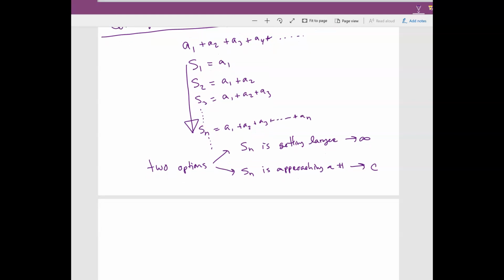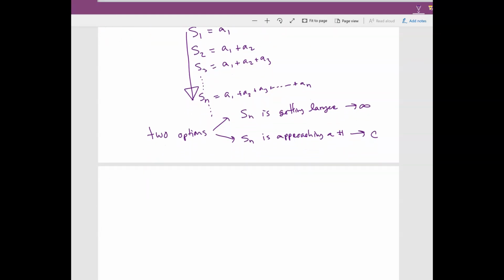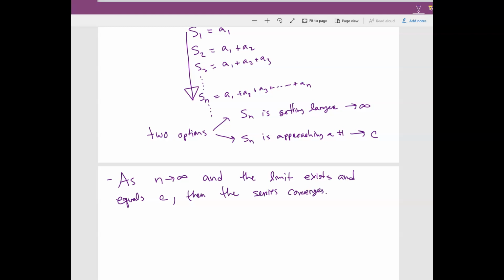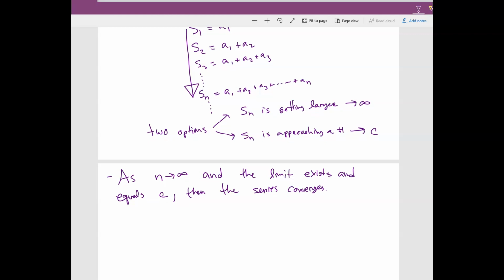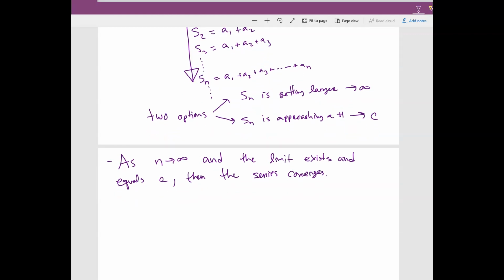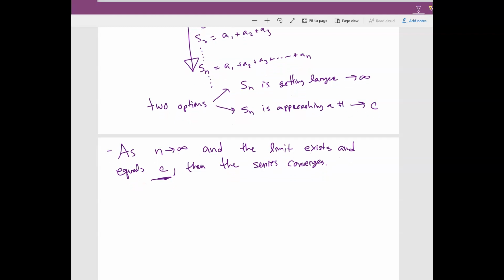Okay, so what we say is that as n goes to infinity, so if I keep adding a whole bunch of terms and the limit exists and equals maybe some c, then the series converges. Okay, so if I keep adding more and more, and it gets closer and closer to this number, then it's going to converge.